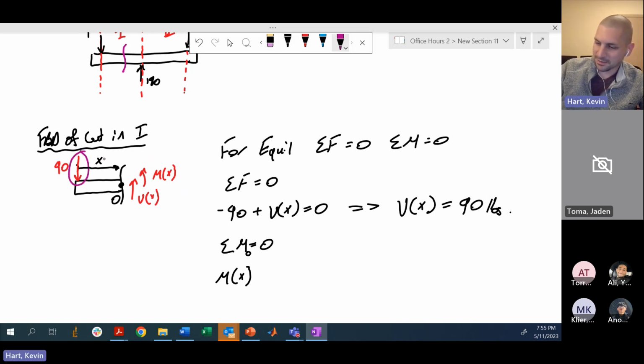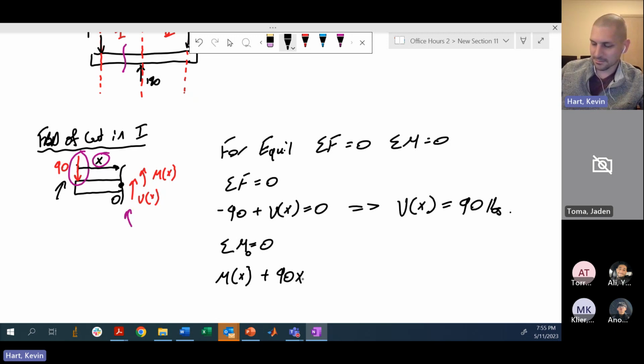And that 90 pounds is the distance of X away from my current cross section. So the moment from this 90-pound force is something like 90 times x in a positive fashion. So plus 90x. The farther away I get from that left-hand side, the larger the moment becomes.